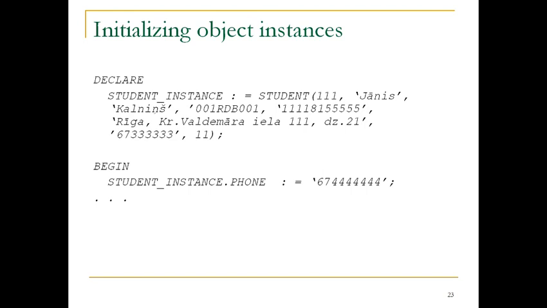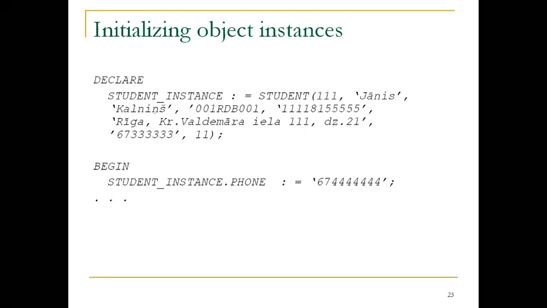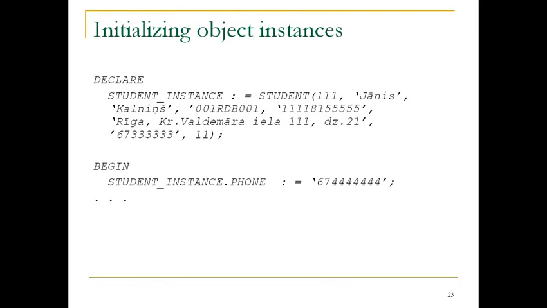For example, the student instance could be initialized by the function student. The name of the constructor function is the same as the object type, and it has the same parameters: name, number, and order, and type.